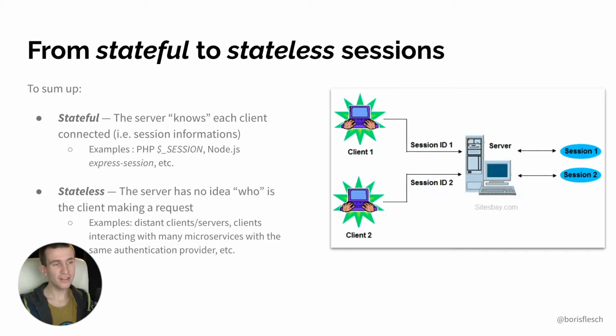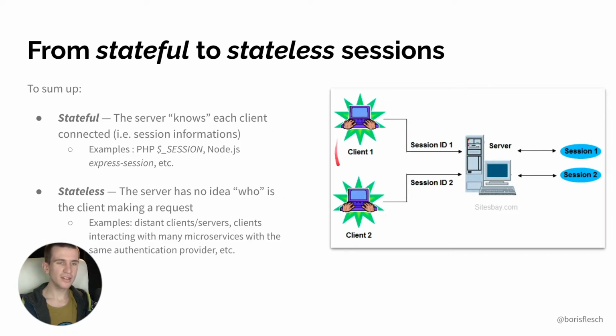But there are actually two different types of session that exist, and I want to give you a quick overview of these different types. These two main types are stateful sessions and stateless sessions. Stateful is when the server knows each client connected thanks to session information, for instance, as we've just seen with this PHP example. This session principle is used in the PHP Session superglobal, in Node.js with Express Session, and in many other languages and frameworks that you may have already used.